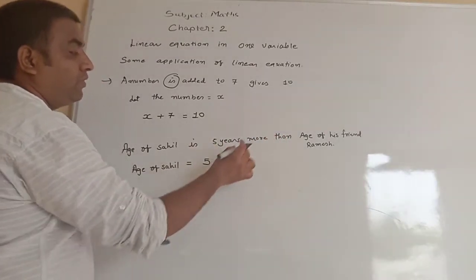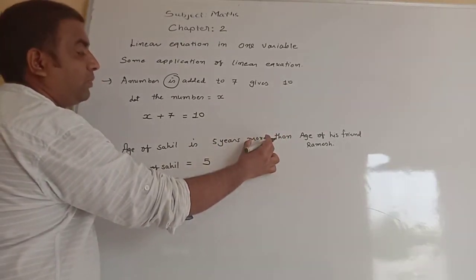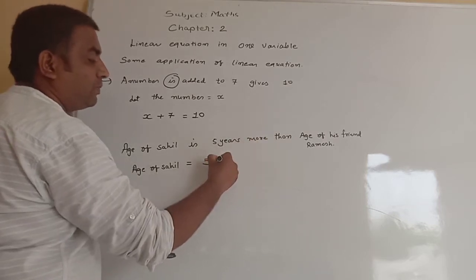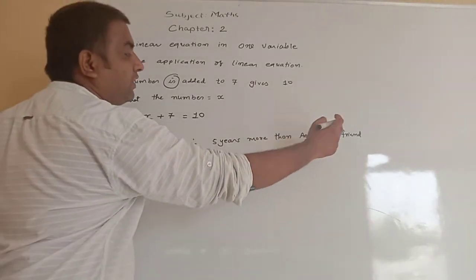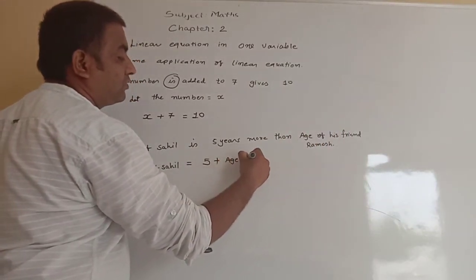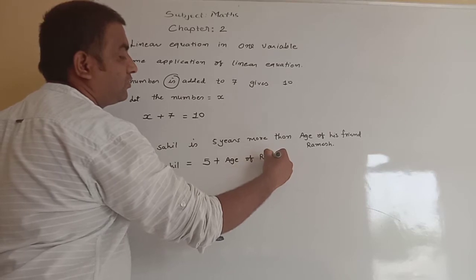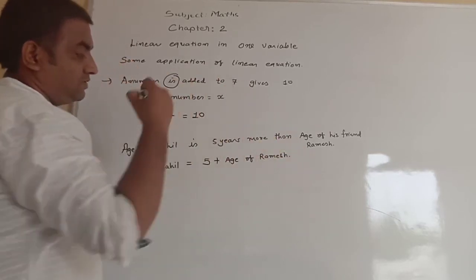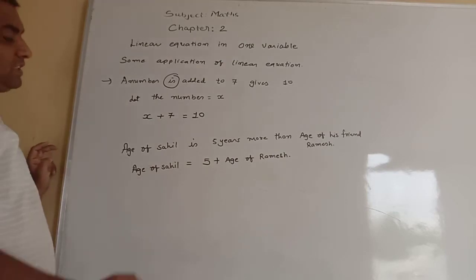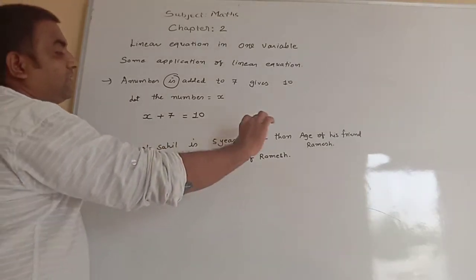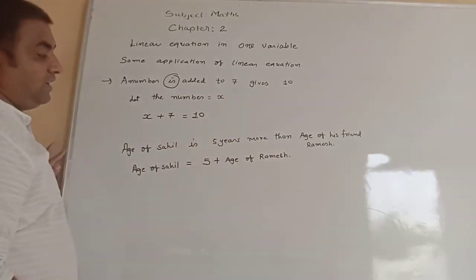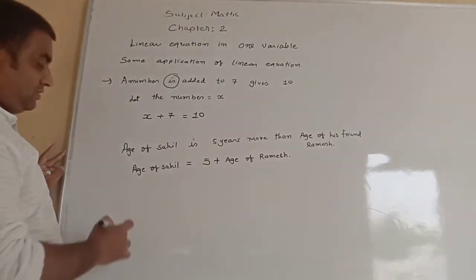So 5 more will indicate plus, and less will indicate minus. So more is there, so plus age of his friend Ramesh. So like this way, whatever line is given, that line we will convert into an equation and solve the equation.